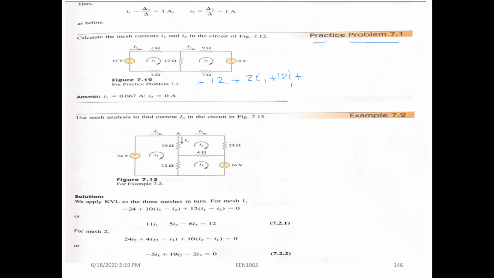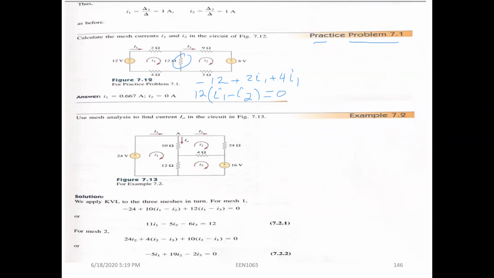Now if you want to use the book method, let me go back and keep the middle one at the end, so it will be 2 I1 and then 4 I1, and then for the middle one it will be I1 minus I2. The middle term, the common resistor between the two meshes, will be I1 minus I2 multiplied by 12 equals 0.